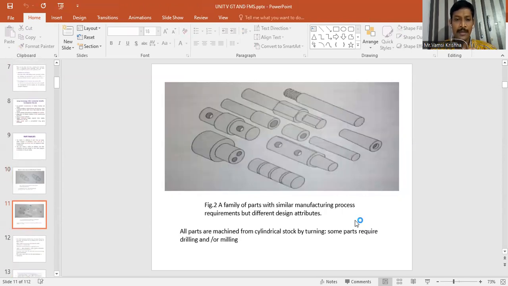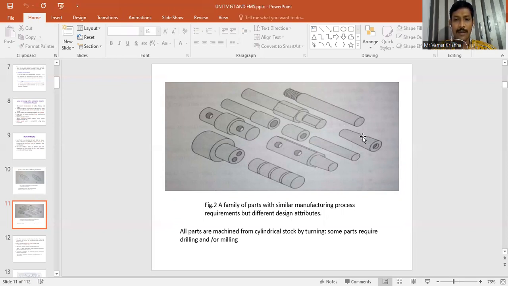So the third one, regarding the figure shown in figure 2, is a group of parts which have similar manufacturing processes, but they seem to be different when you consider their design. Here you are having a threading operation.